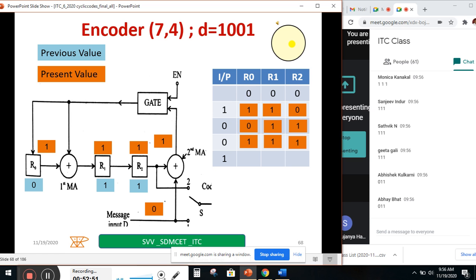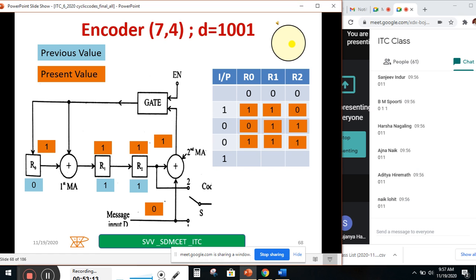Abhishek, Abhay Bhatt, Swasini are typing 011. Nivedita is typing 011. Shripad, Ankita, Charan, Simran, Praveen, Geeta, they are typing 011. Devidas Nayak has got 011. Vishal Onkar, Karthik Gangir, Monica have typed. Very good. And Shiva, oh, after a long time.